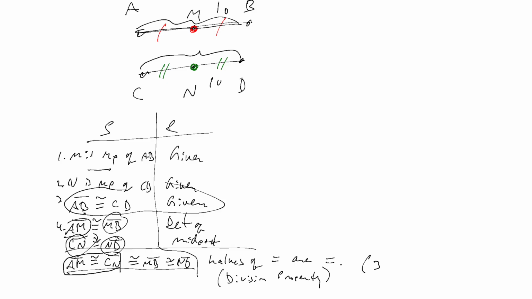Since AB is congruent to CD, halves of each of them says that AM is congruent to CN, but they're all equal because of the midpoint situation here also.